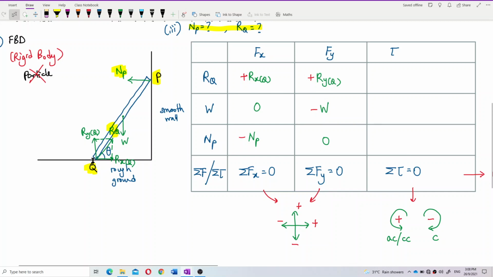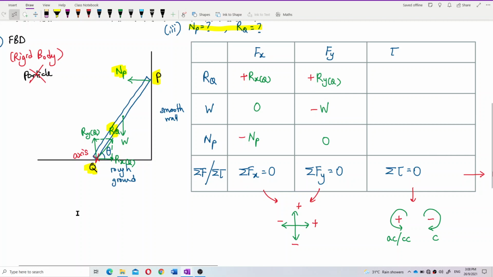It's point Q. We put the axis of rotation there because there are many forces at point Q. Okay, you will understand.